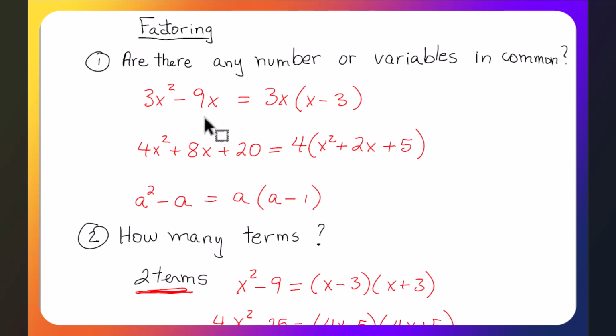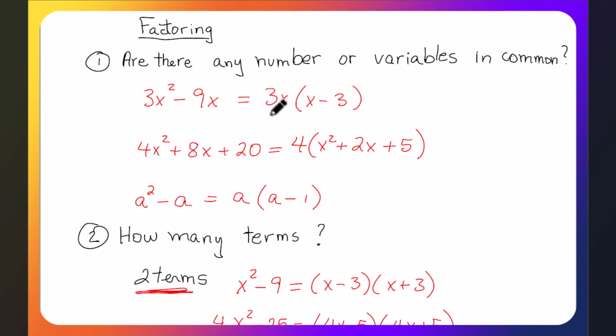When I see that, what I'm wondering is, okay, there are numbers in common between 3 and 9. I also see this has x squared, this has x. And so the first thing I would do is take out the 3x.